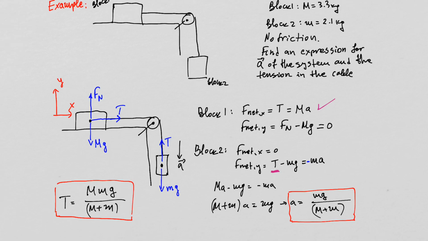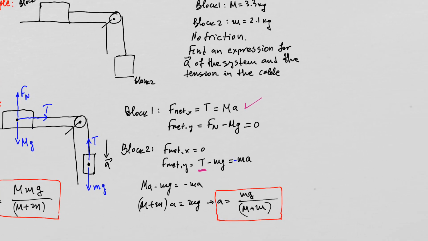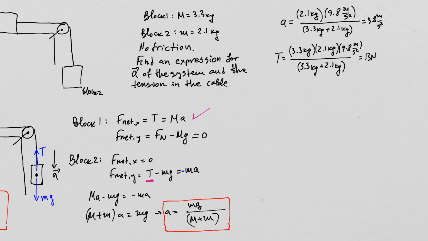Now let's see what we get for the tension and the acceleration using the numbers provided in the problem. For the acceleration, we get 3.8 meters per second squared, and for the tension, we get 13 newtons.